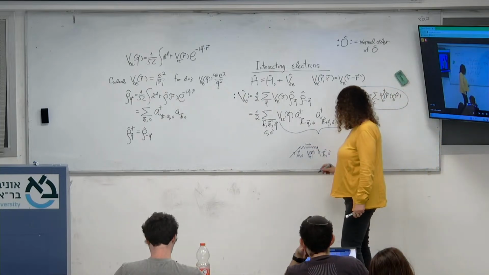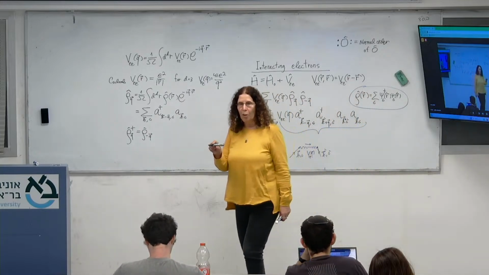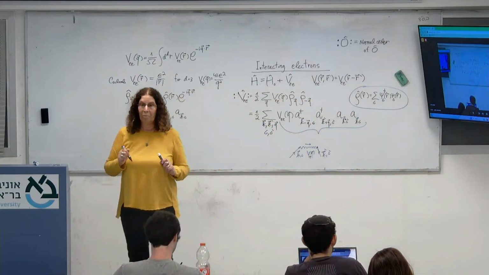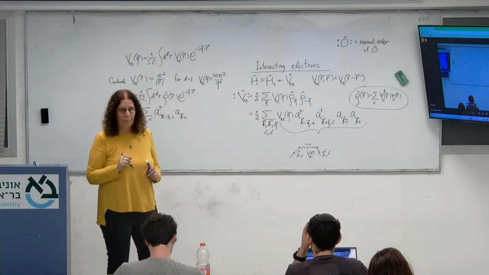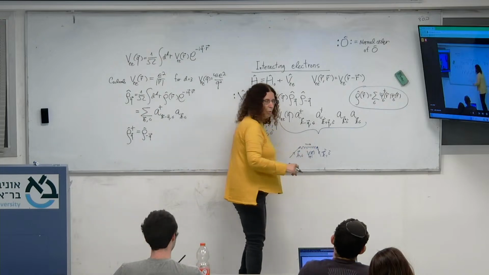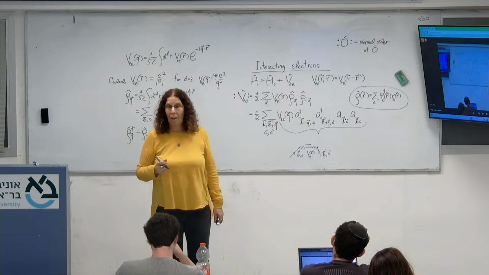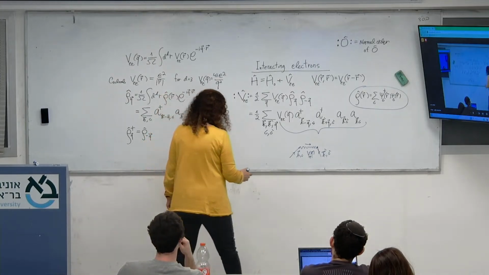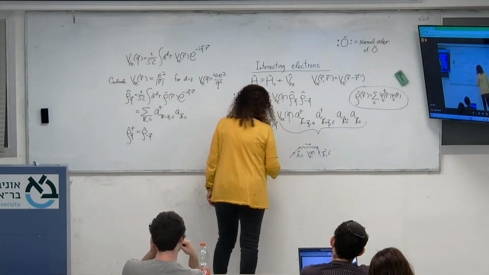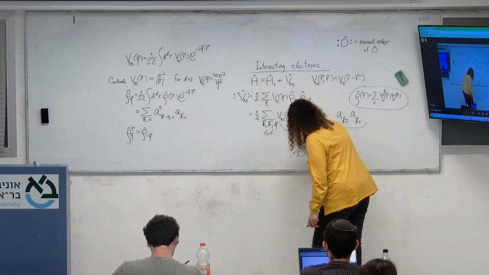This wiggly line describes the propagation of a particle with momentum q, and you can imagine it to be something that the electron emits, and it carries with it a momentum q, which it transfers to the other electrons.